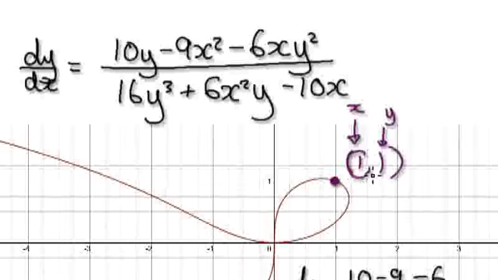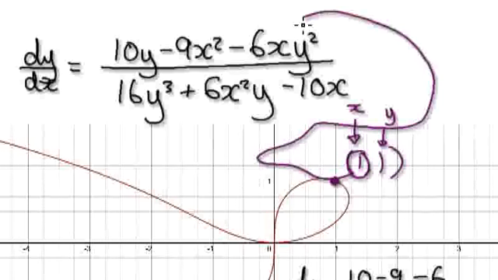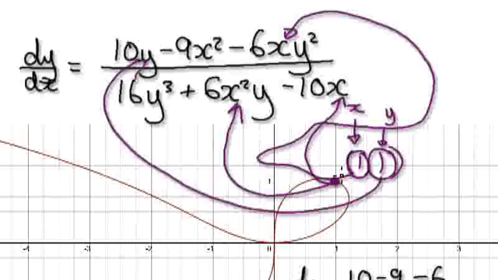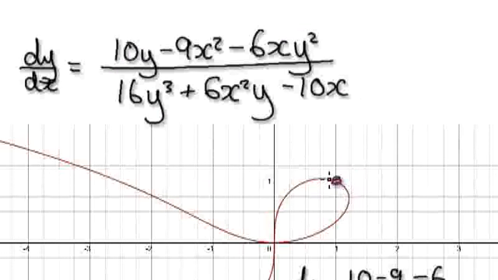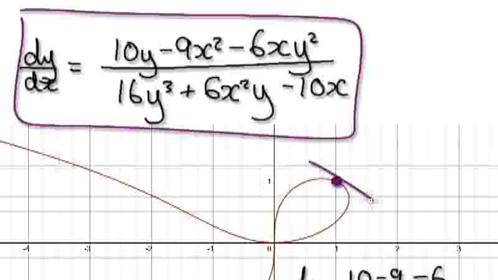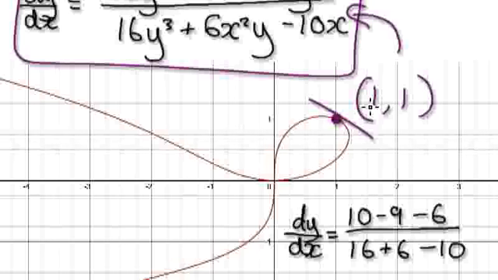So put 1 into x here, put 1 into x here and into here, and then put 1 into the y here, into the y here, and so on. So basically, you now have an equation for working out the gradient at this point here. So put 1, 1 into this thing here, and then it will give you dy by dx.